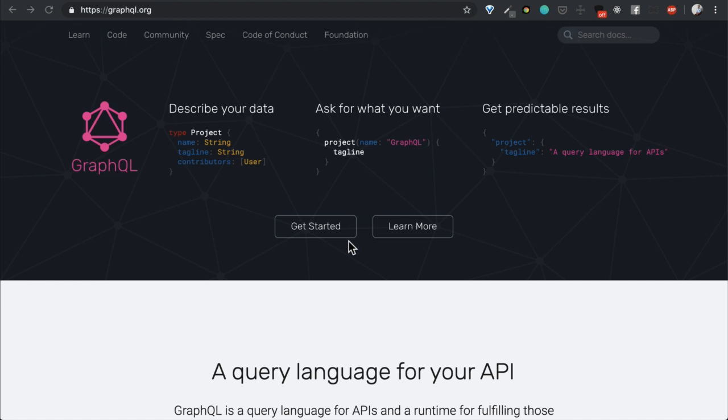So GraphQL is actually a server language that wraps around an existing database or server that you can make requests against in a different way from the way that we have been up until this point. Now, if that seems confusing for you, don't worry, I'm about to explain what I mean. But in order to do that, we have to first look back at our backend diagram.